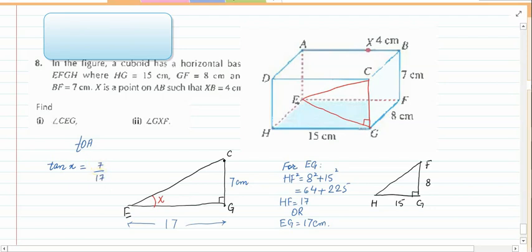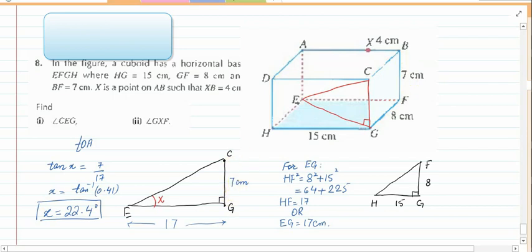Now 7 divided by 17 is 0.41. So X is equal to tan inverse of 0.41, and its answer is 22.4 degrees. That is the angle. So that was a mistake in the first part, but now it is correct. I mistakenly copied the wrong value of height. The height is 7 and I don't know why I wrote 8 here.